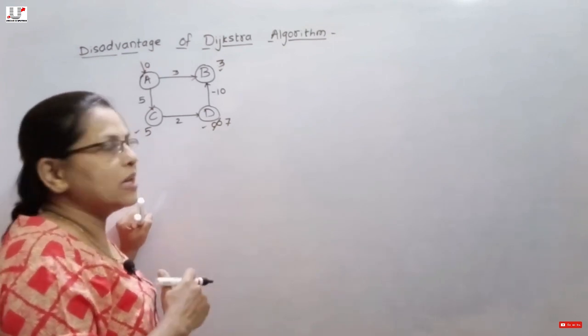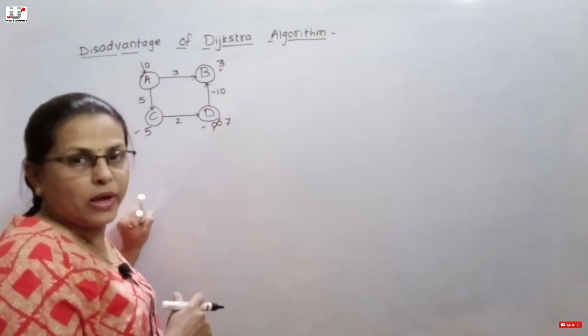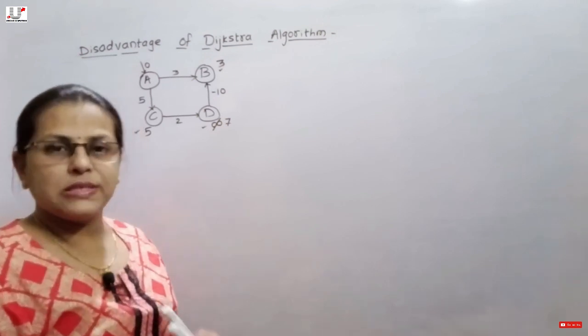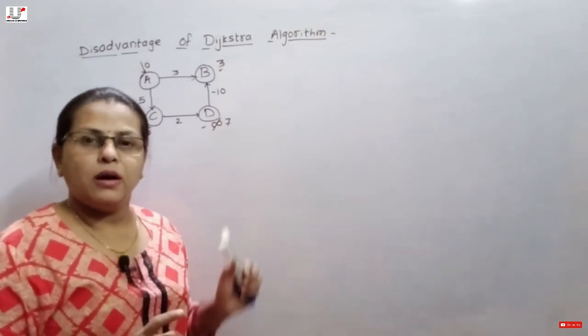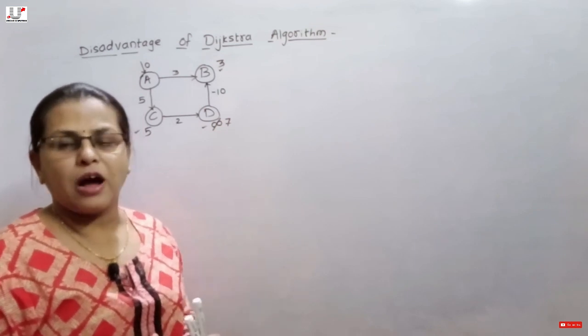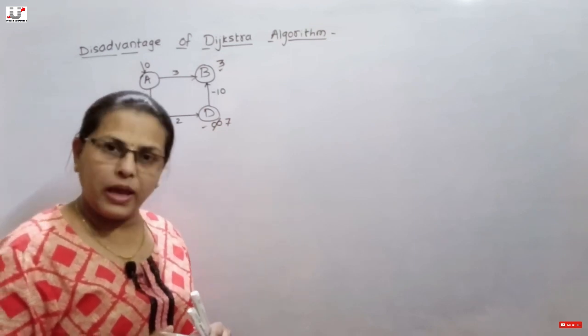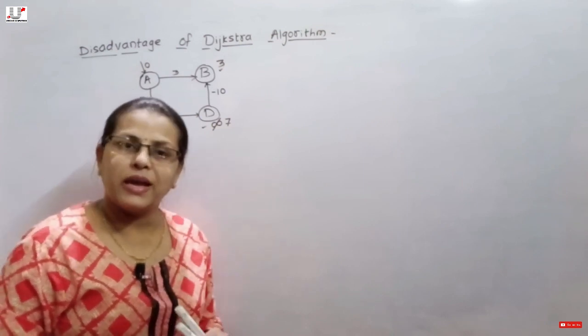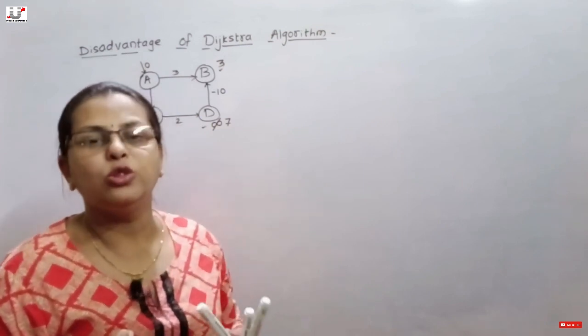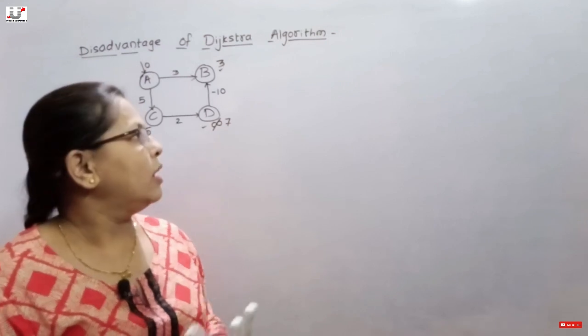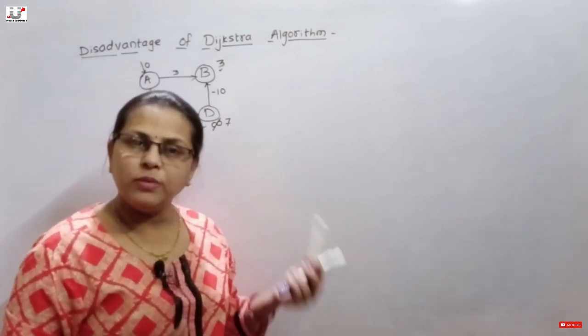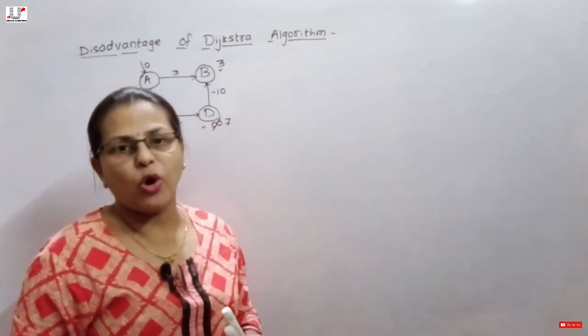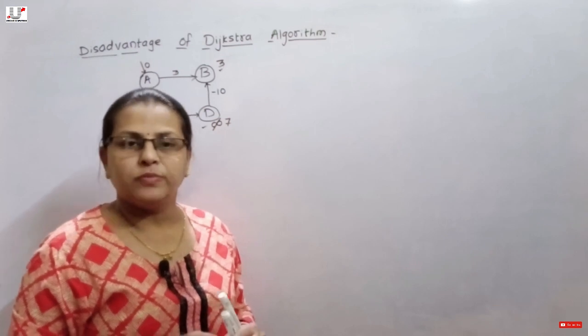So here we say that the greedy approach fails. Hence, when a weighted graph contains a negative weight edge, Dijkstra will not work. And to overcome this, the Bellman-Ford algorithm is used.